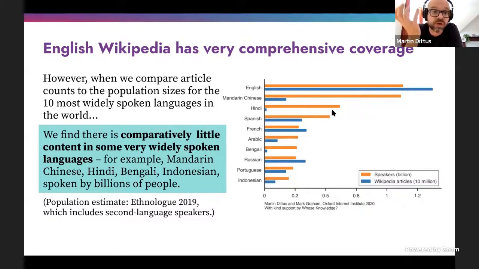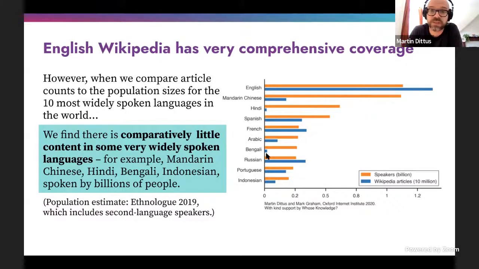However, maybe more surprisingly, languages like Hindi and Bengali, which again are spoken by about 1 billion people together, there's a significant language community there in India, but also around the world, who speak Hindi or speak Bengali as a first language. And there is very little Wikipedia content in these languages.